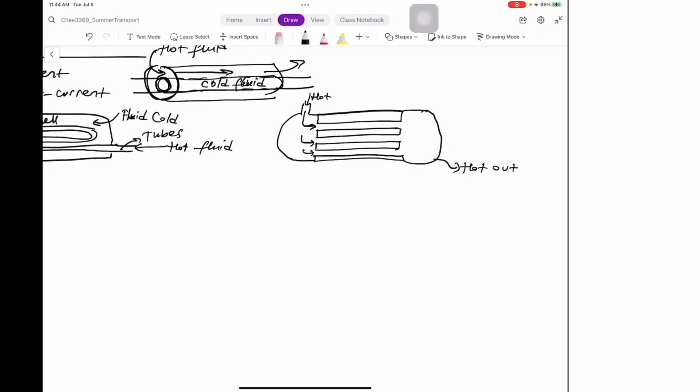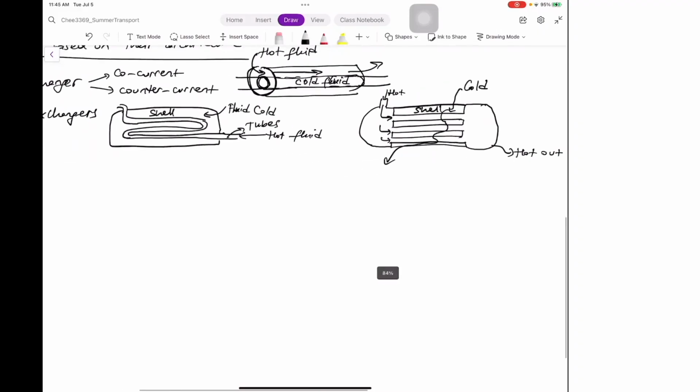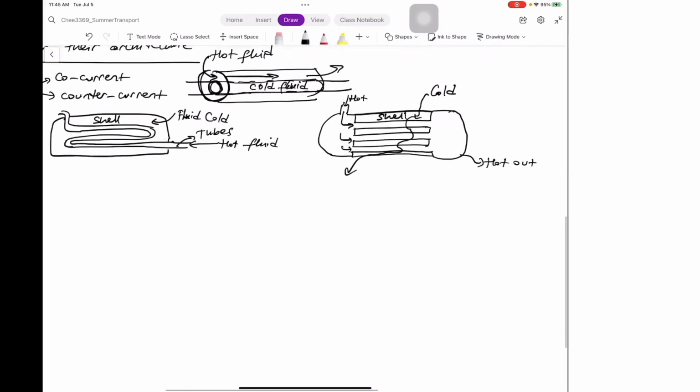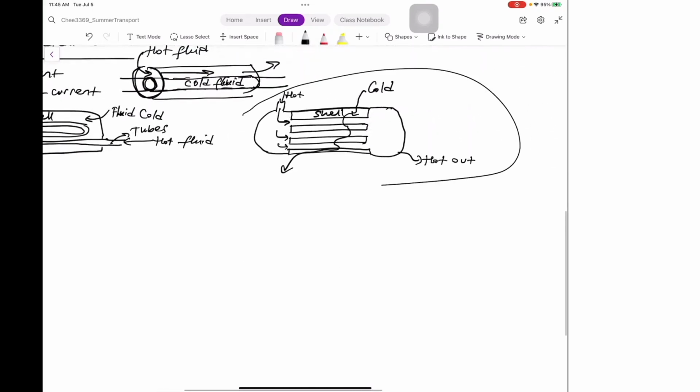And then this is the shell side. So you actually send, and it goes around the tubes. Okay. So that you can have this arrangement either. So generally you see them in this arrangement.